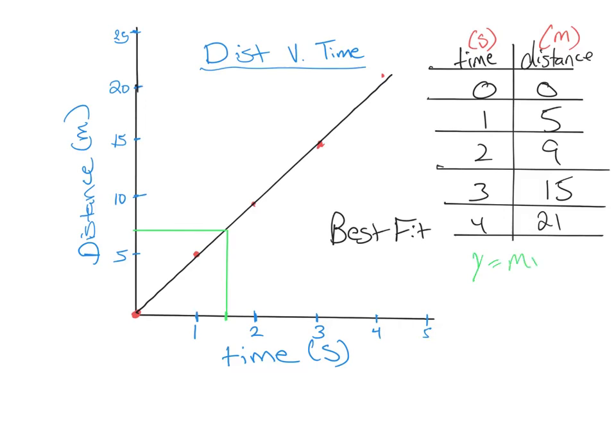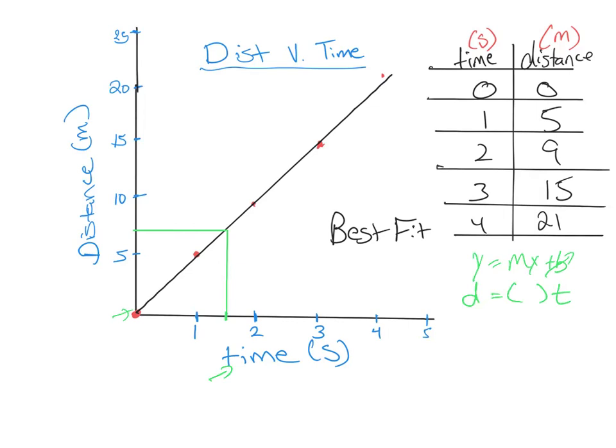So y is equal to mx plus b. This b is 0 because that intercepts the y-axis at 0 right here. The y is going to be our distance. The slope is going to be a number. And then x is going to be time, because that is what's on the x-axis, and distance is what's on the y-axis. So that's the reason it goes in for y.